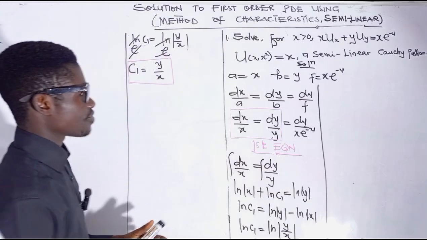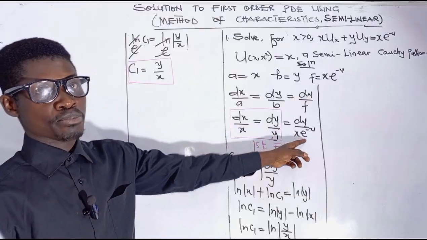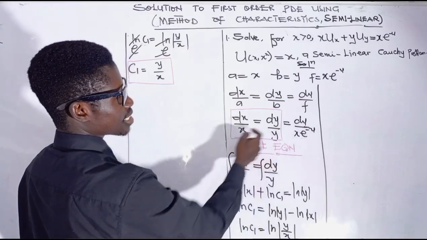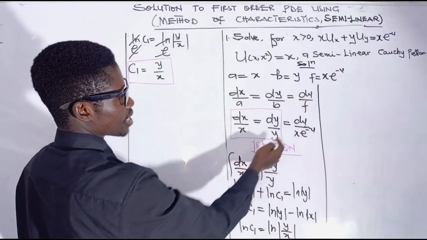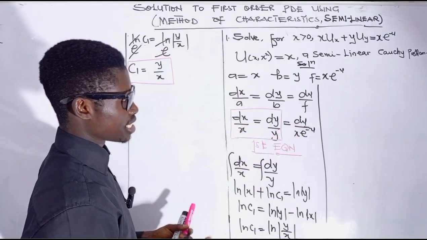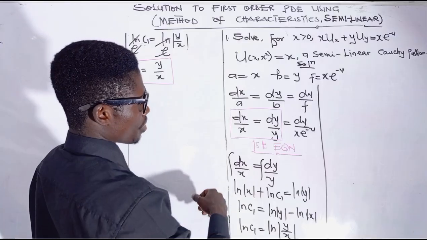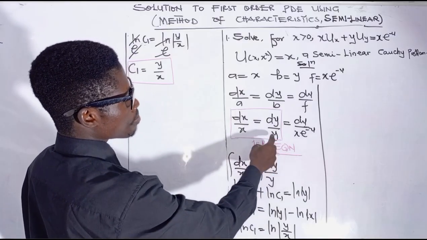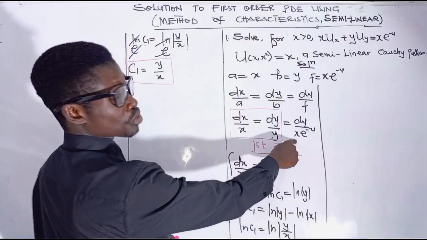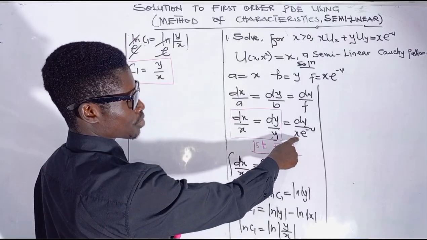Once we are done with the first part, we move on to the second pairing. With the second pair, we are going to pair du with either dy or dx. Let's take the one that is more convenient. When we pair dy and du, it will be very difficult to use the separation of variables because of this x.